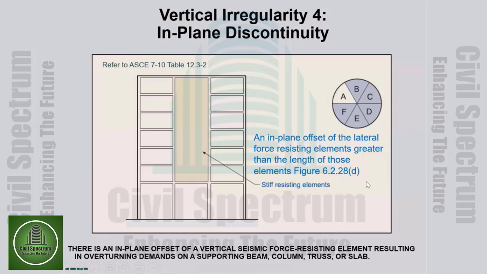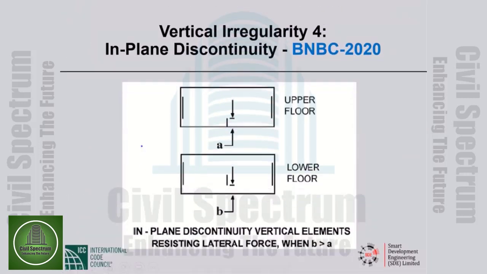It says an in-plane offset of the lateral force-resisting elements greater than the length of those elements. Okay, so this shear wall is coming down, if there is an in-plane offset of more than the dimension of the shear wall, then it is.